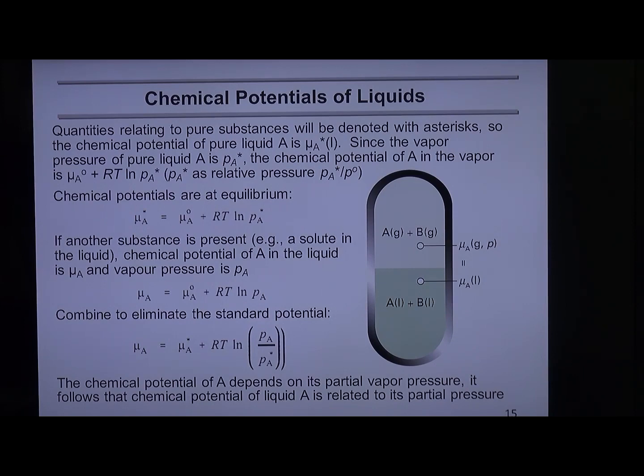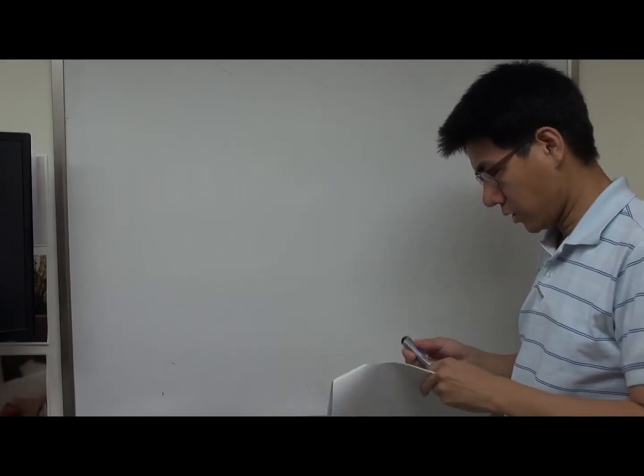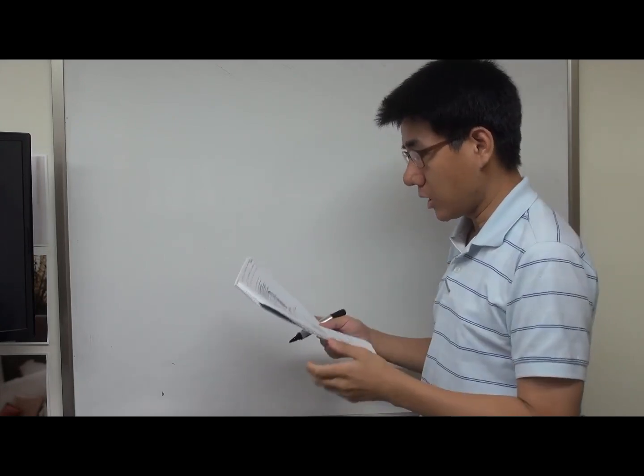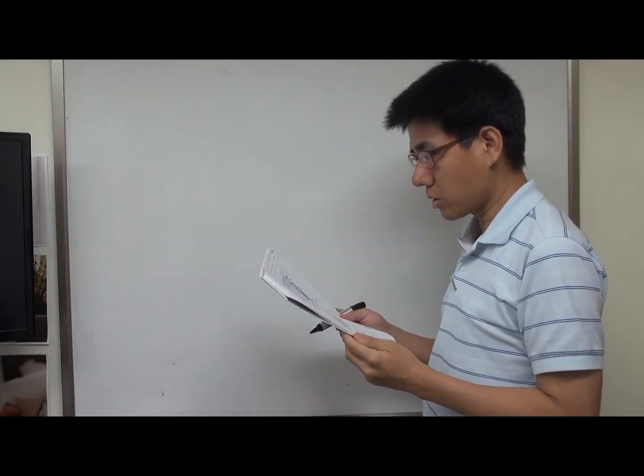All right. Let's use the whiteboard from here. Okay. So we'll treat chemical potential of liquid. As you see from the slide, quantities relating to pure substances will be denoted with an asterisk.